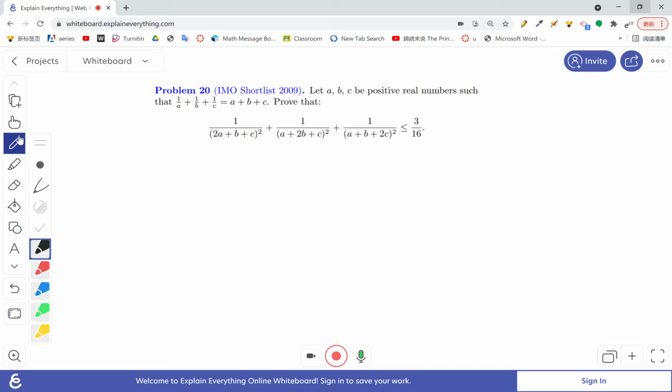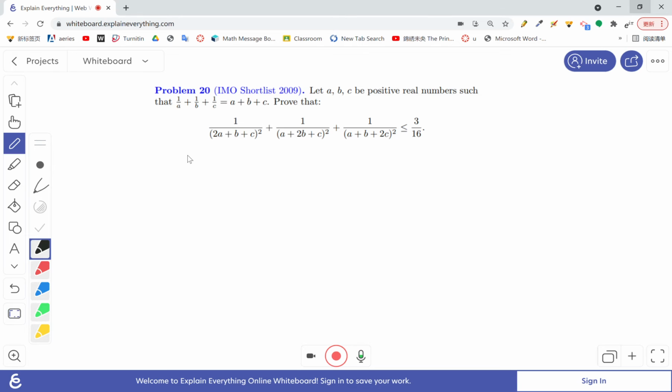So actually, the way Evan solved it is he dehomogenized and then used Jensen's, but because I have limited knowledge, I don't really know how to use Jensen.